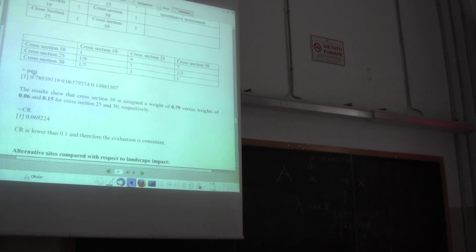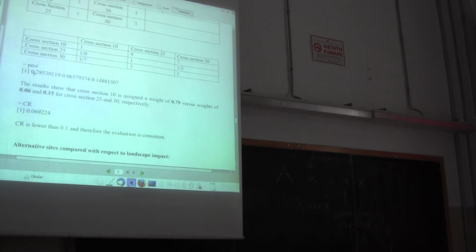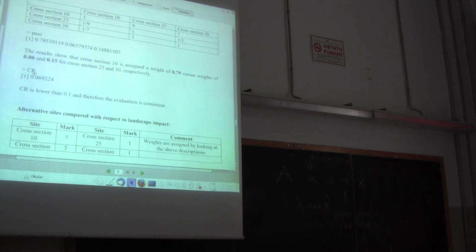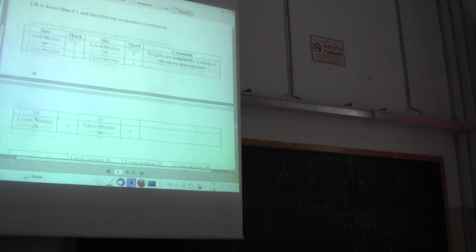You see that a different preference is assigned to different criteria. So if you look at the cost of the reservoir, you select a solution. If you look at the storage, you select another one, of course. And then we have again the comparison with respect to the landscape impact.